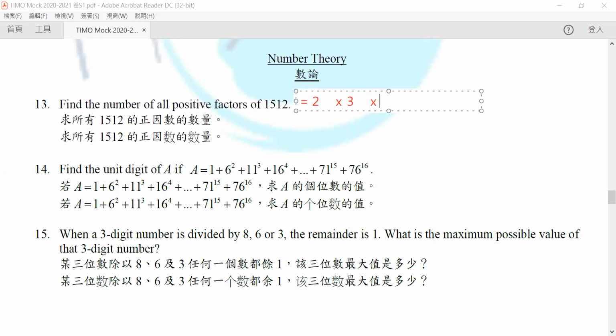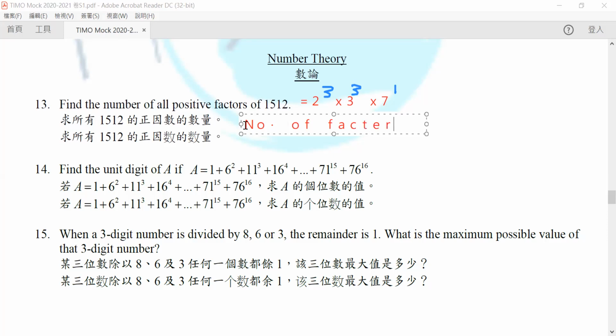So the number of factors is simply we take all the exponents, that is the blue numbers, and then add 1 to each of them, and then multiply them together.